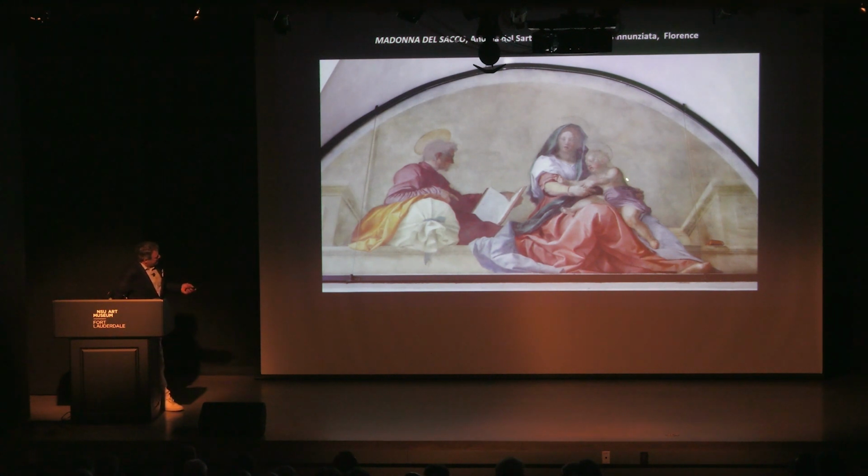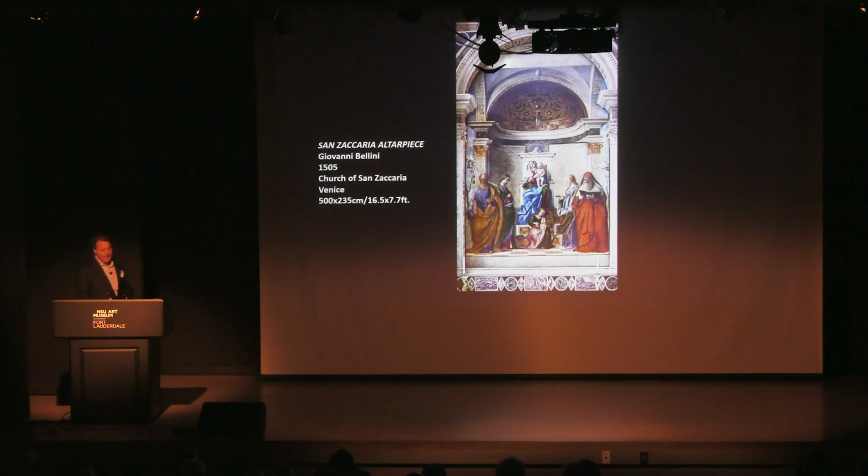And look how much is going on over here. Just how many colors he's combined in this pyramidal figure of the Virgin with the Christ child on her lap. Clearly, artists are now seeing color as a means by which to express value in the art that they're producing at the time.